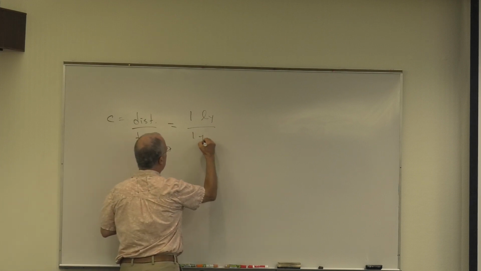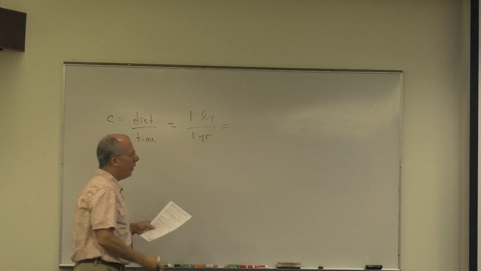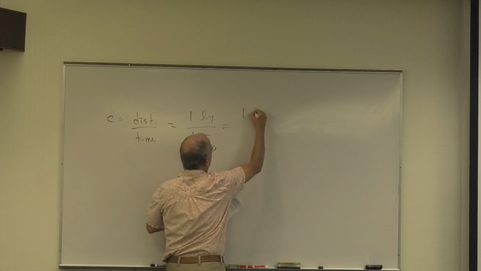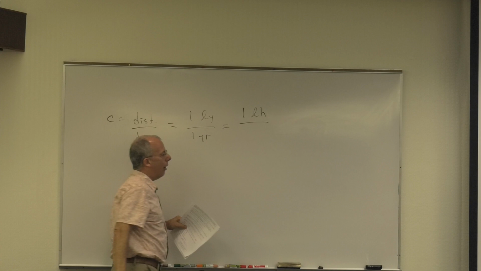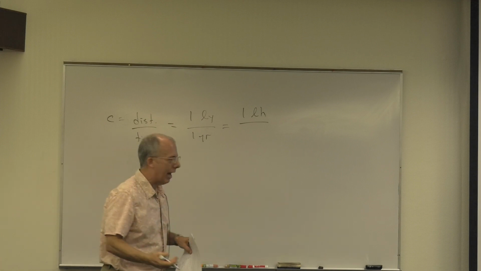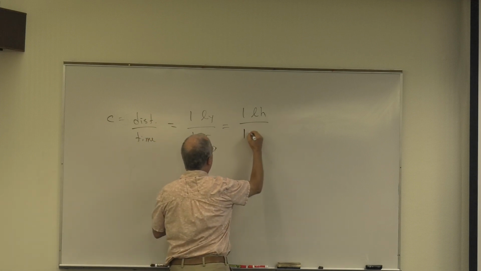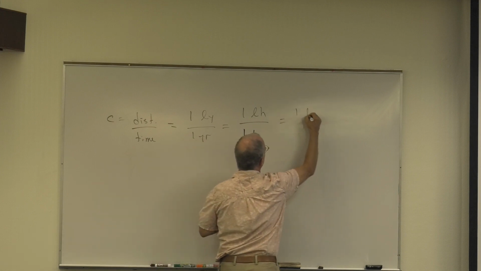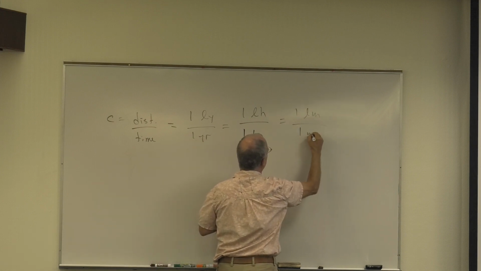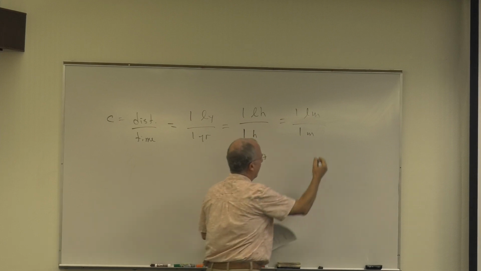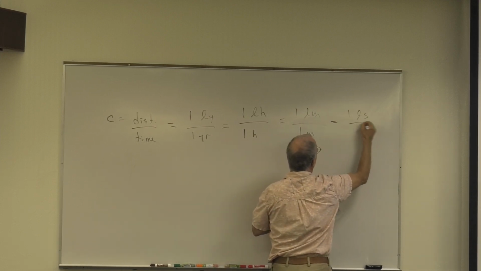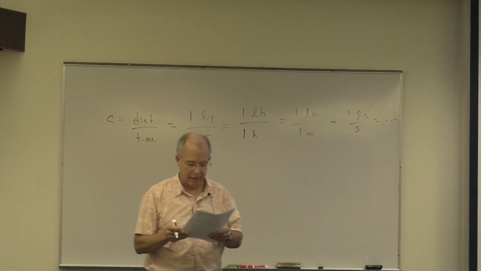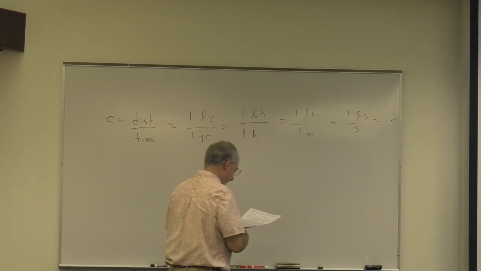Now, we don't have to stop there. We can also say something called a light hour. Well, how long does it take light to travel 1 light hour? An hour, right? And we can say 1 light minute over 1 minute, 1 light second over a second, on and on. So we can do whatever's convenient.